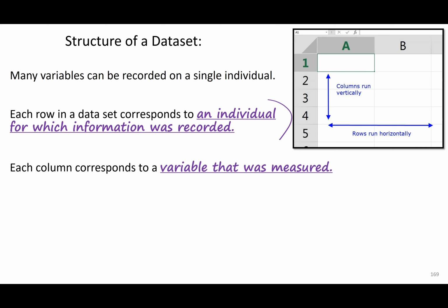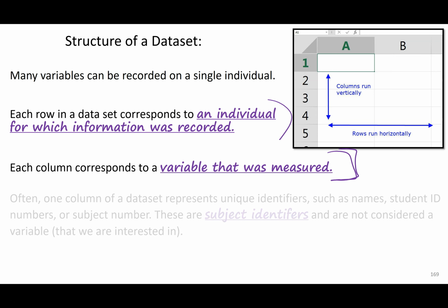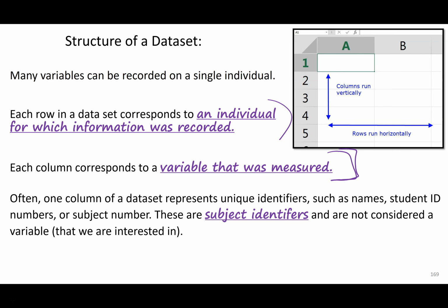Each row corresponds to an individual that we collect information on. Each column is going to be a variable that we measure, although a lot of times data sets will have a column in particular that uniquely identifies individuals. This could be student ID number or phone numbers. These are subject identifiers.